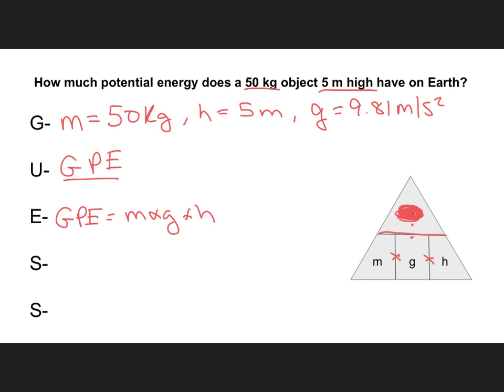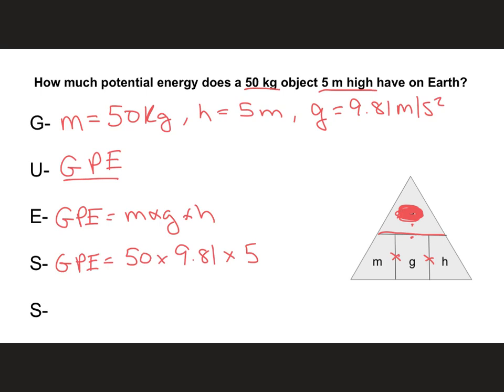For the first S, it's substitution. For all the letters in our equation, we're going to put numbers in. GPE is still the unknown. Our mass is 50 kilograms. Our gravity is 9.81. And our h is 5 meters. So I'm going to take 50 times 9.81 times 5, and then I will get my answer.